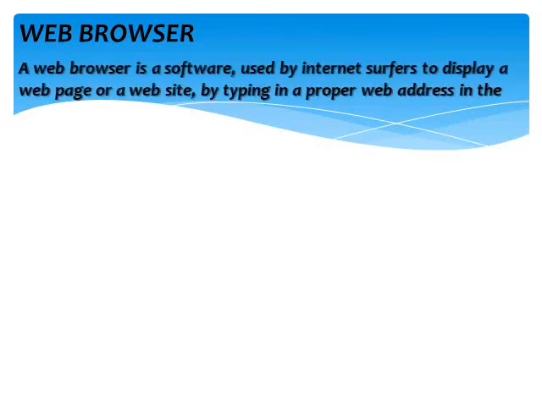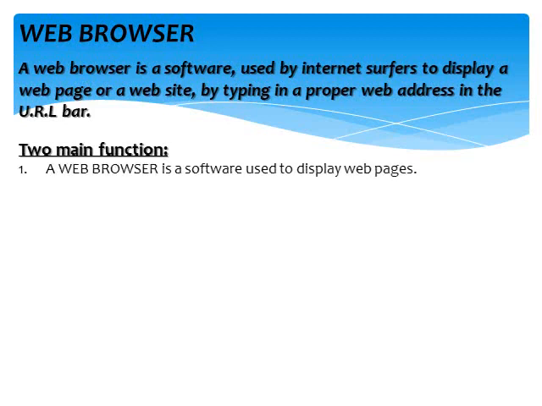Terminology. What do you mean by the term web browser? A web browser is software used by Internet surfers to display a web page or a website by typing in a proper web address in the URL bar. There are two main functions of a web browser. First, a web browser is software used to display web pages.